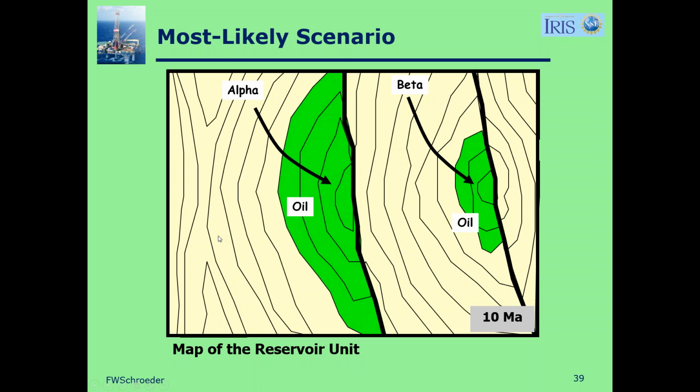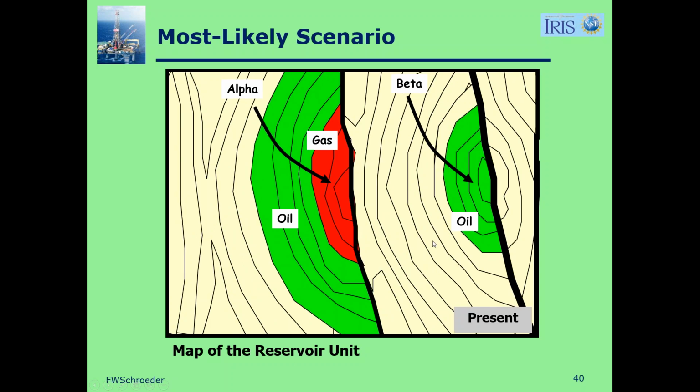Generation of oil in the alpha low allows me to accumulate and trap a fair amount of oil. Oil generated in the beta low has allowed oil to generate, migrate, and be trapped in the beta anticline. And then present day, my prediction is that I'll have a gas cap and an oil leg at alpha. I'll just have oil, maybe a minor amount of gas in beta.